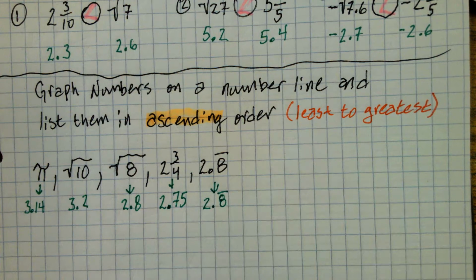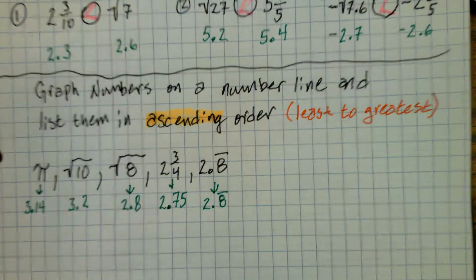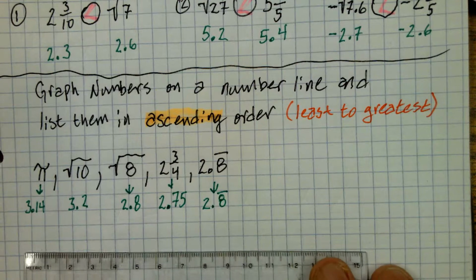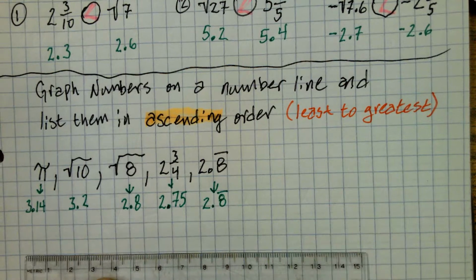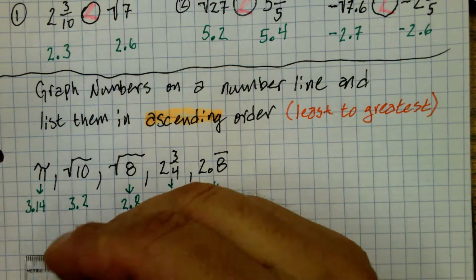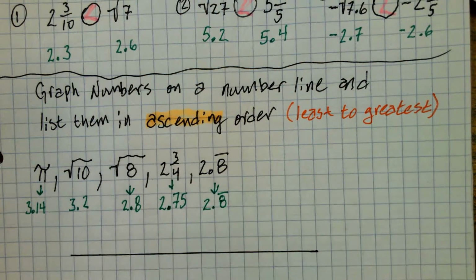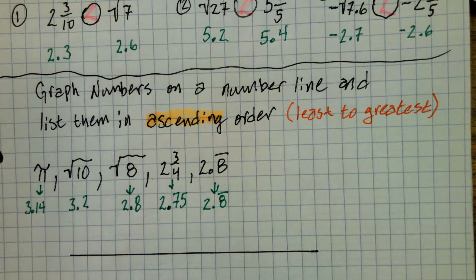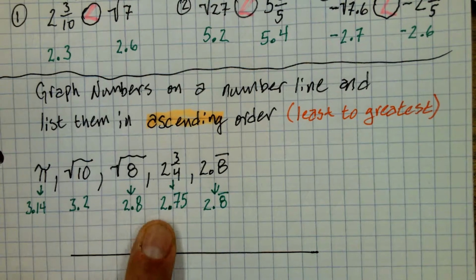Okay. All right. So let's go ahead and make a number line. Since we have to graph these on a number line, I don't know how big we need to make this. What's our smallest number? 2.75.